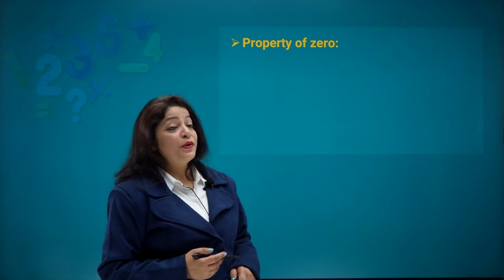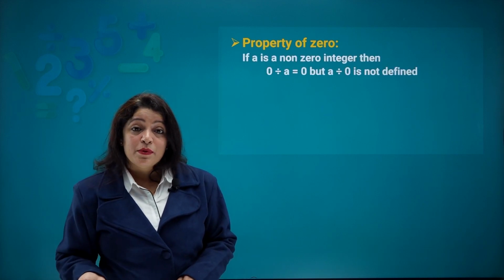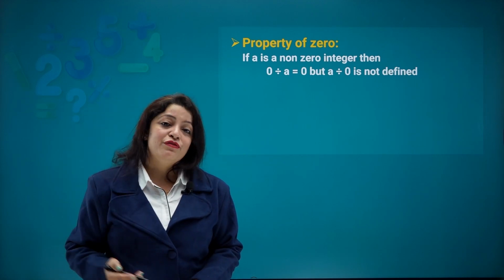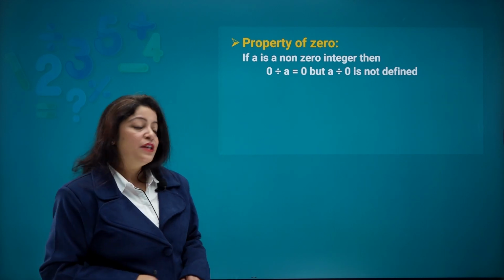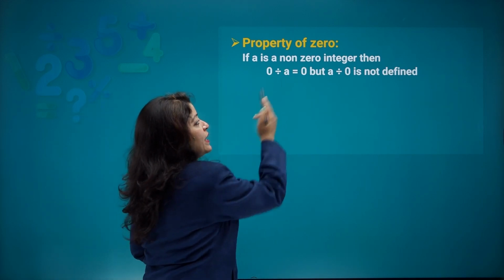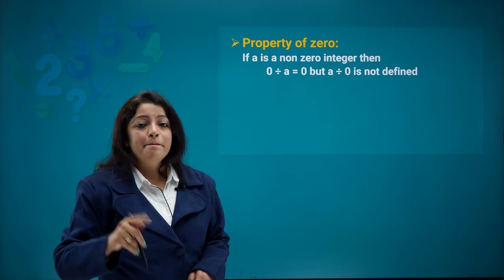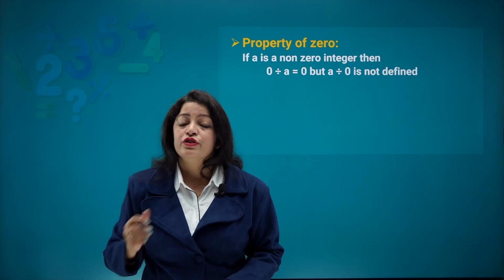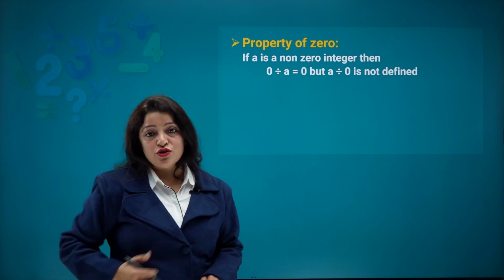Let us now see the property of 0. What it says? If I divide any number by 0 or 0 divided by any number, they are two different things again, because we cannot apply the commutative property here. So 0 when divided by any number a, you will get the result as 0. But if you divide a by 0, this is not defined. Let me be more particular about this division.